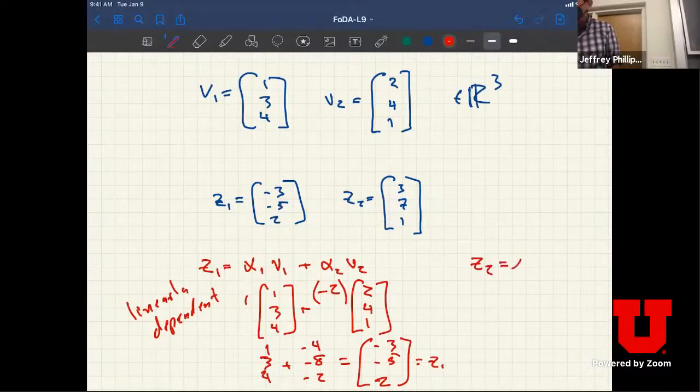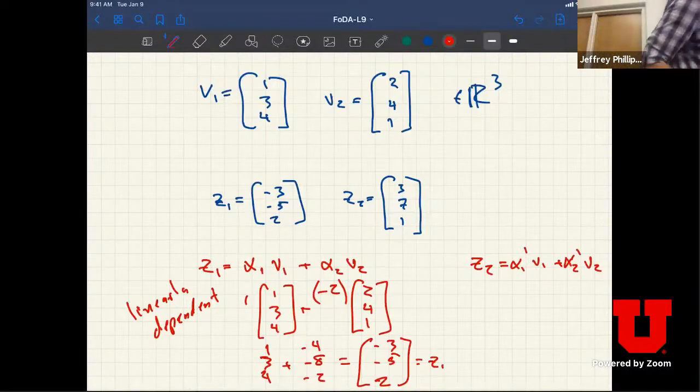Now let's think about Z2. Can I do this the same way? Alpha 1 prime V1 plus alpha 2 prime V2. Can I choose alpha 1 prime and alpha 2 prime in such a way that I get Z2? No. This is a little bit trickier to see, but why can't I do this?